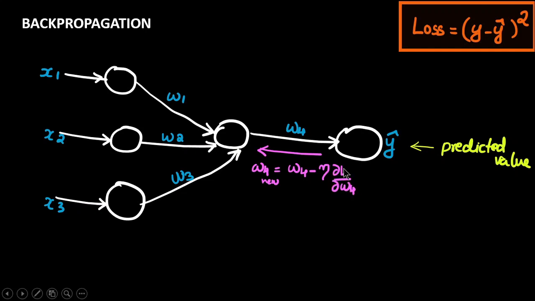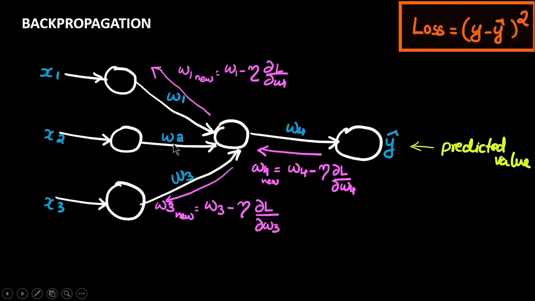Based on this derivative, we will increase or decrease the W4 value. Similarly, the new value of W3 will be W3 minus eta into dou L by dou W3. And similarly, W1 and W2 will be adjusted like this.